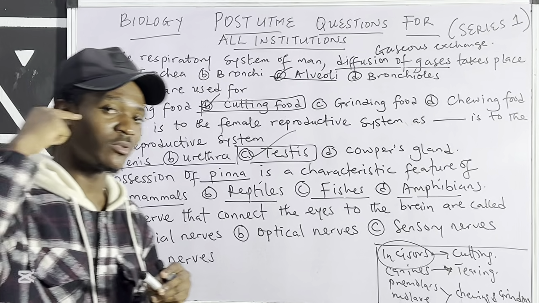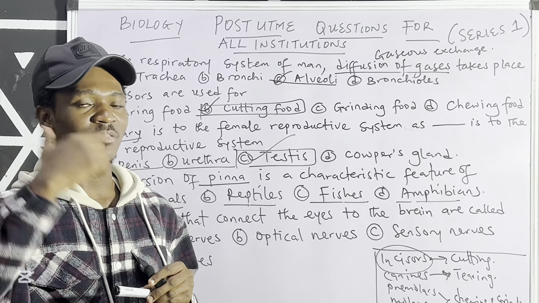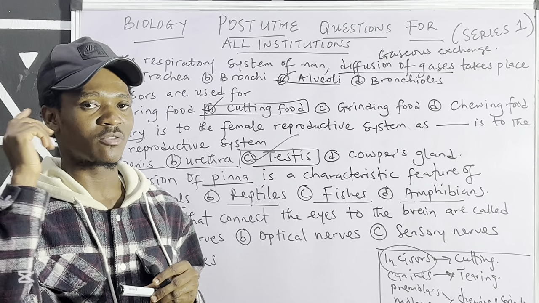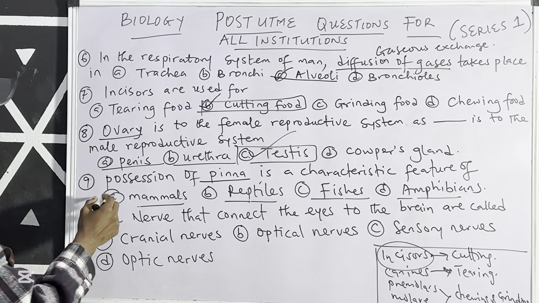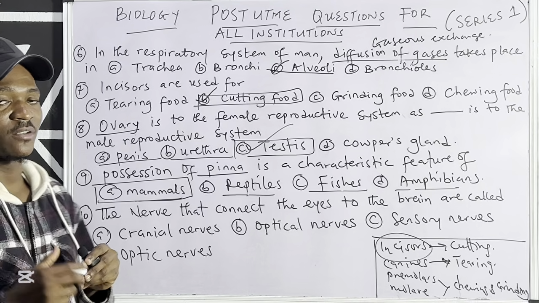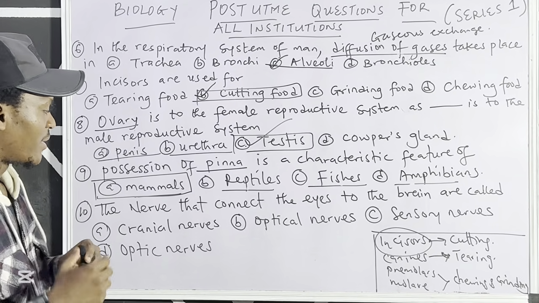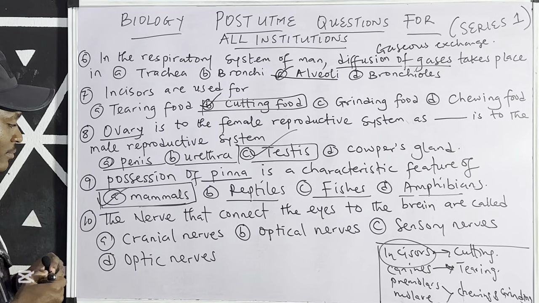It leads to the auditory canal, and from the auditory canal, you enter into the eardrum. From the eardrum, you enter into the middle ear, then the inner ear. So these are the ones that have an obvious pinna, the outer ear or external ear: the mammals.